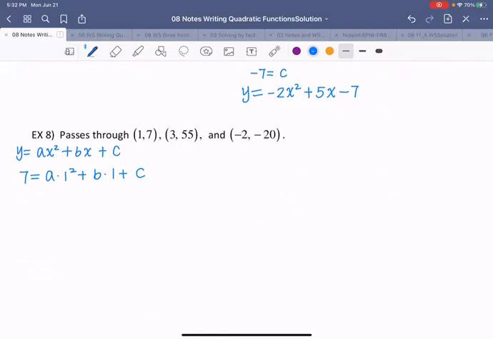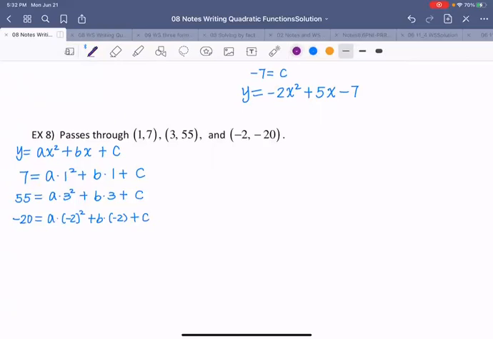And then the next one is 55 is equal to a times 3 squared plus b times 3 plus c. Okay. And the last one is negative 20 is equal to a times negative 2 squared plus b times negative 2 plus c. Very good. This is beautiful.